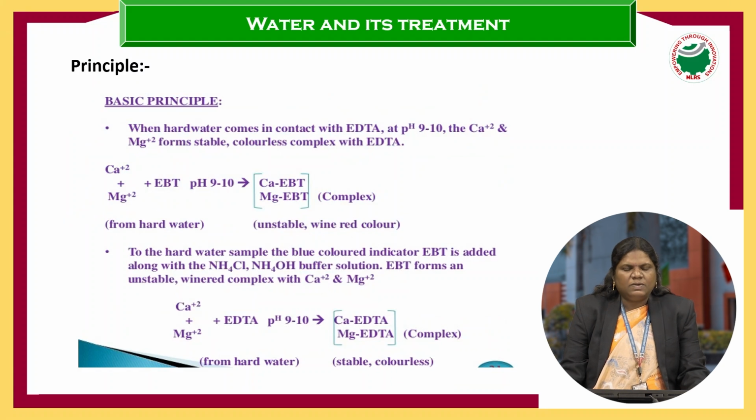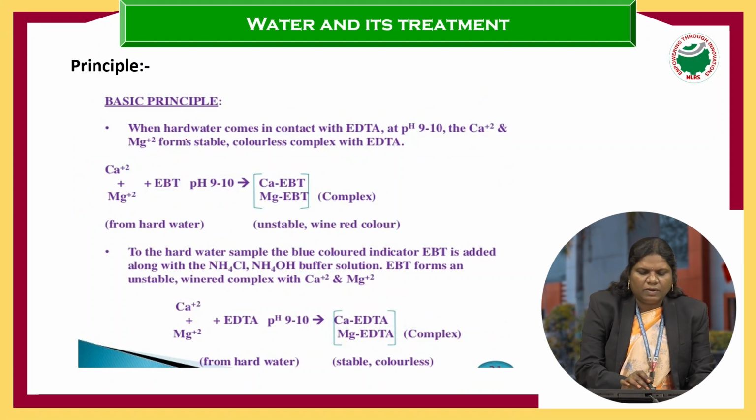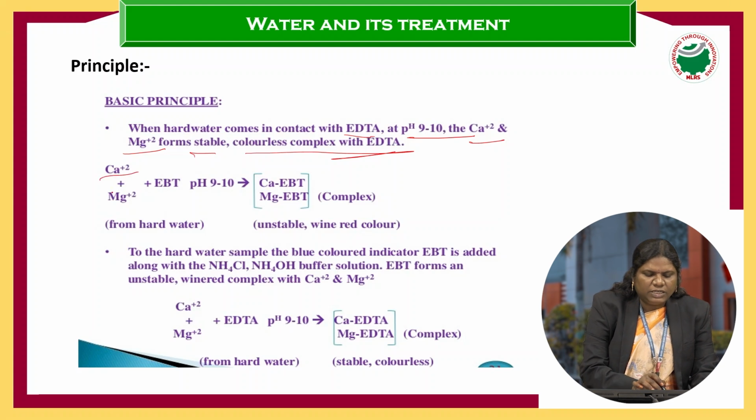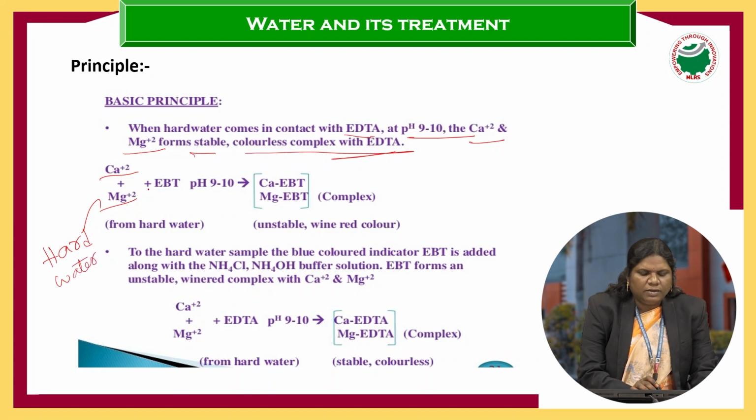The basic principle involved in the EDTA method is that when hard water comes in contact with EDTA at 9 to 10 pH, the calcium and the magnesium form a stable colorless complex with EDTA. First of all, the calcium and magnesium ions are present in the hard water. When it is reacted with EBT, an indicator, Eriochrome Black T, and the pH conditions are 9 to 10.